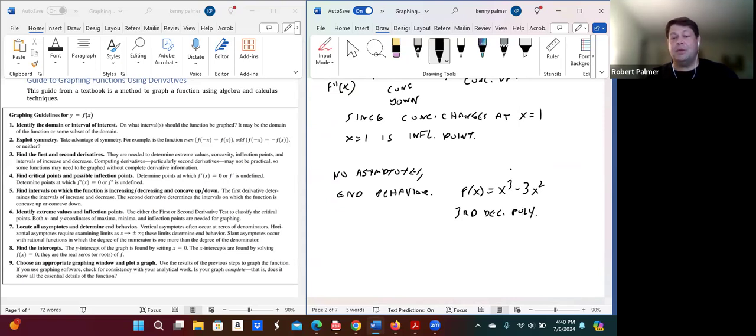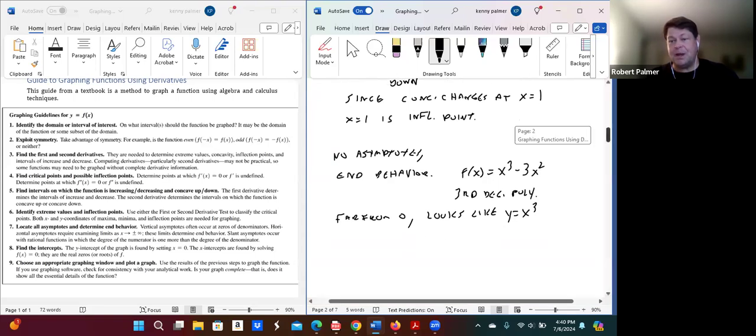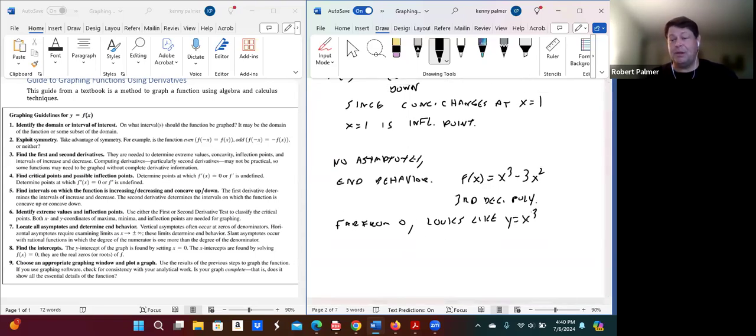And remember, the end behavior, far from 0, this looks like y equals x cubed. And so remember what's going to happen when x is positive and really large, it goes to infinity. When x is negative and really large in absolute value, it goes to negative infinity.